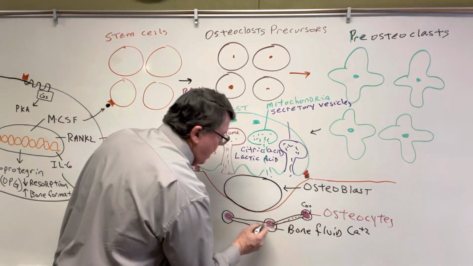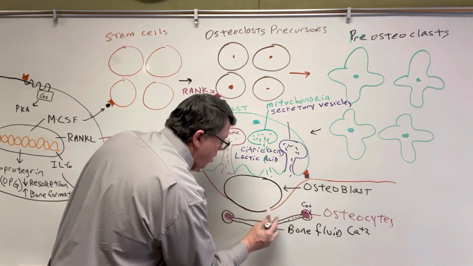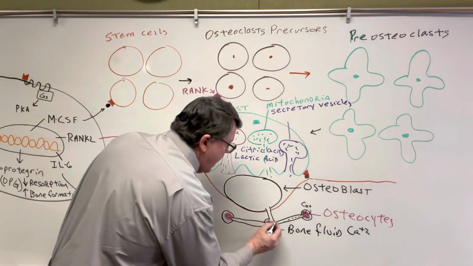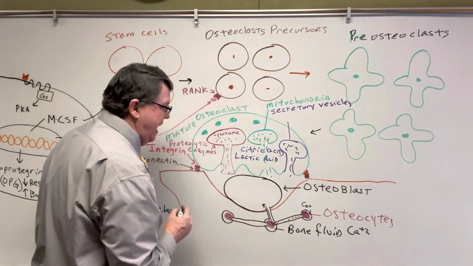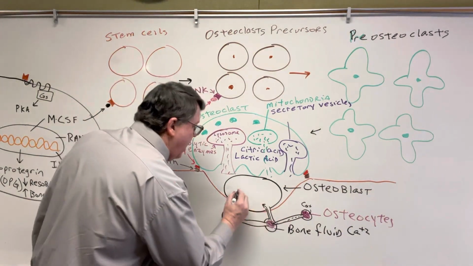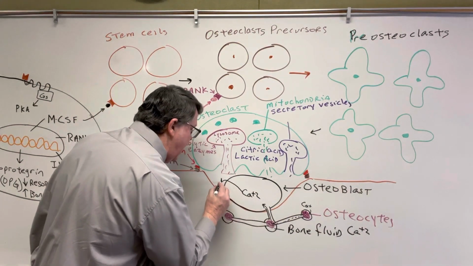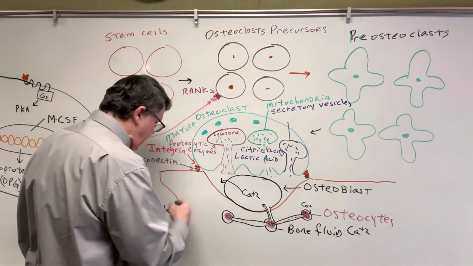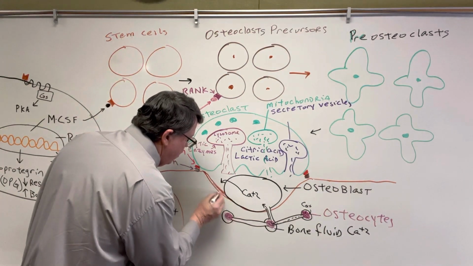Then between the osteocytes and the osteoblast, we have gap junctions. And so the calcium is then going to come and it's going to go into the osteoblast, right? What the osteoblast is going to do is it's going to pump the calcium out and cause it to be deposited into the bone, and now it starts making bone grow.